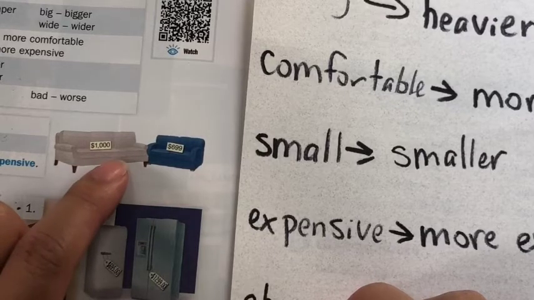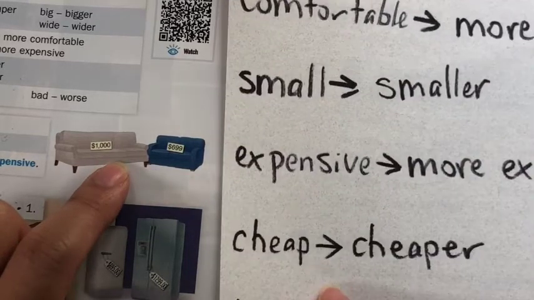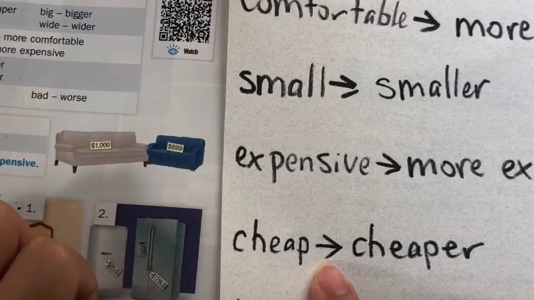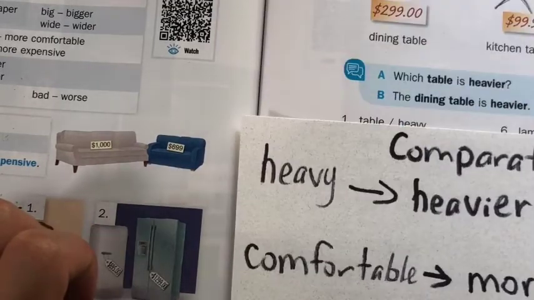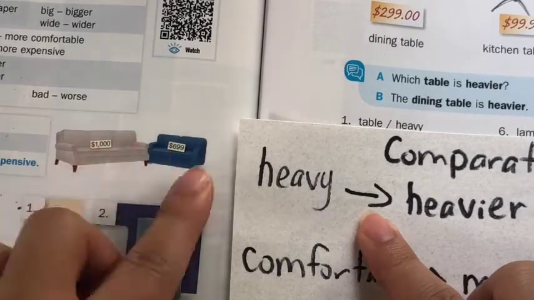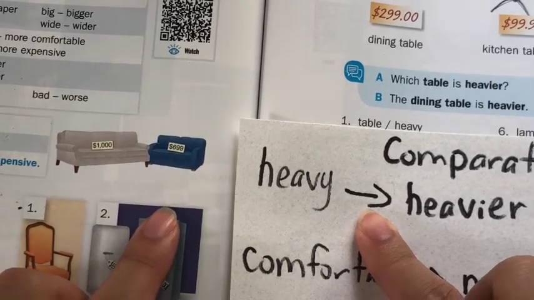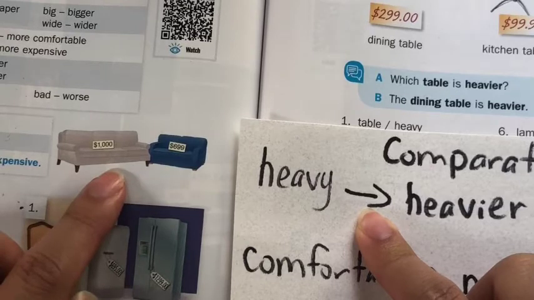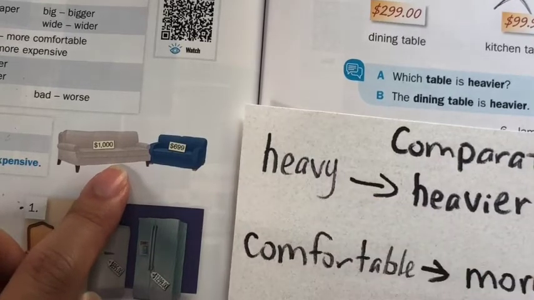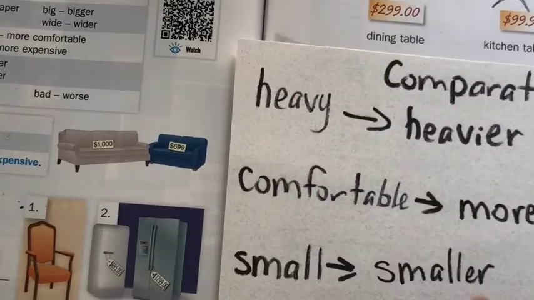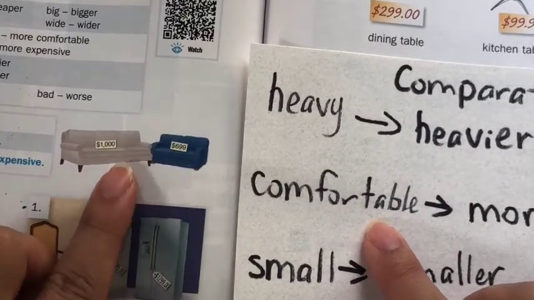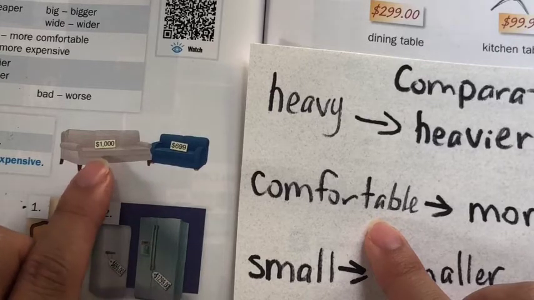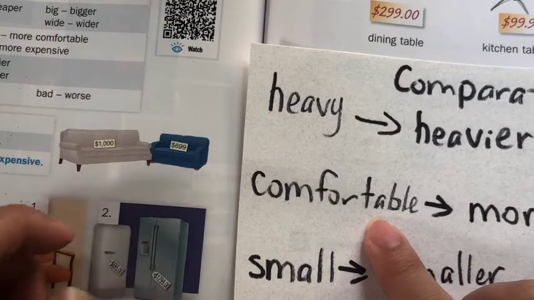The white sofa is more expensive. And cheap. Which sofa is cheaper? The blue sofa is cheaper. Let's talk about heavy. Which sofa do you think is heavier? I think the white sofa is heavier because it's bigger. And then comfortable. Which sofa do you think is more comfortable? I think the white sofa is more comfortable.